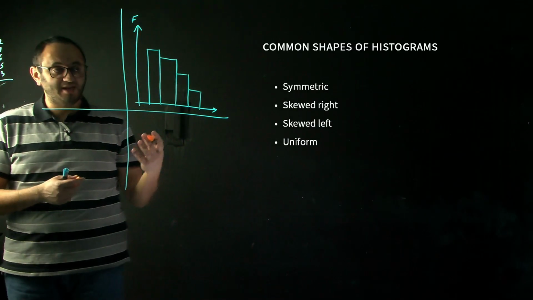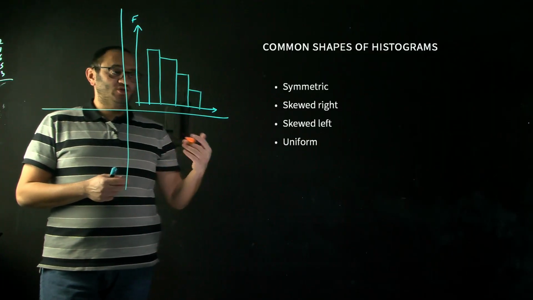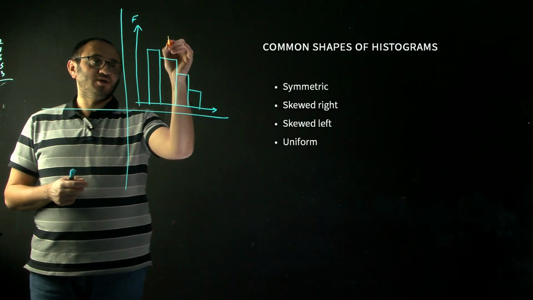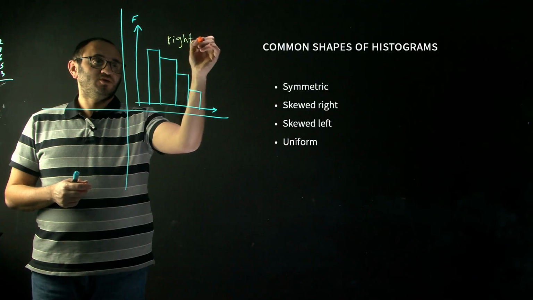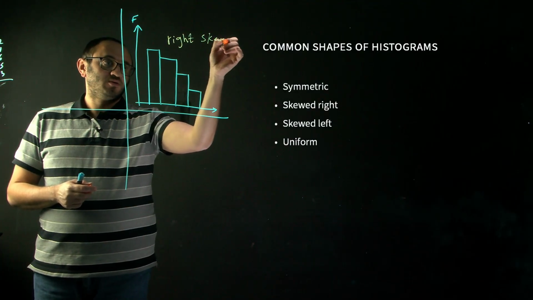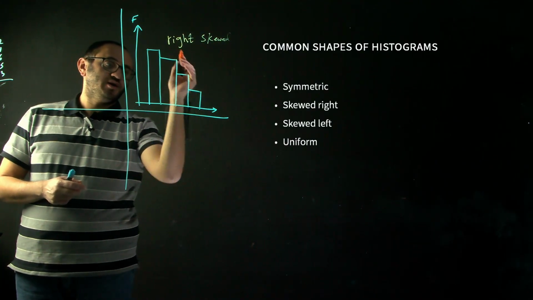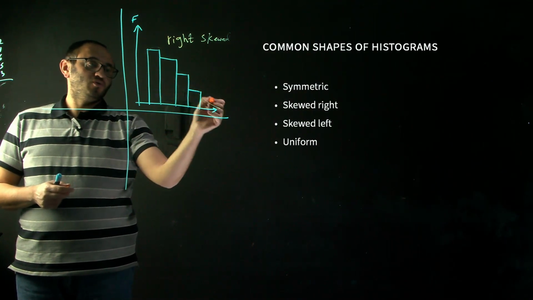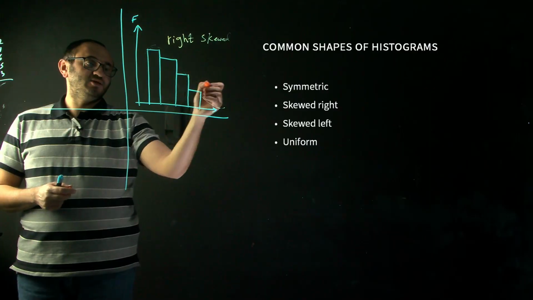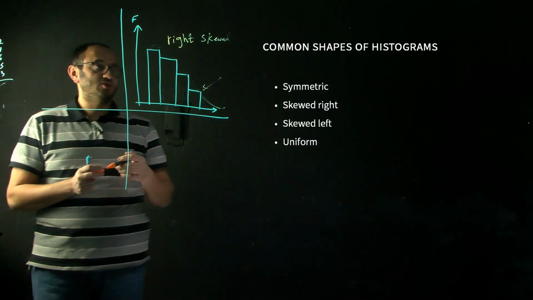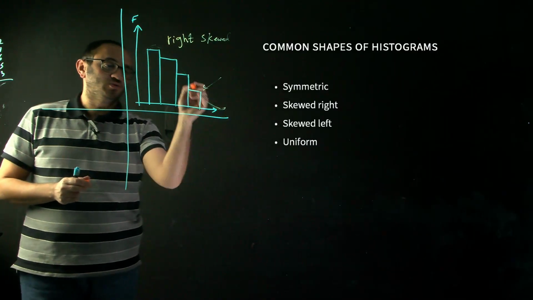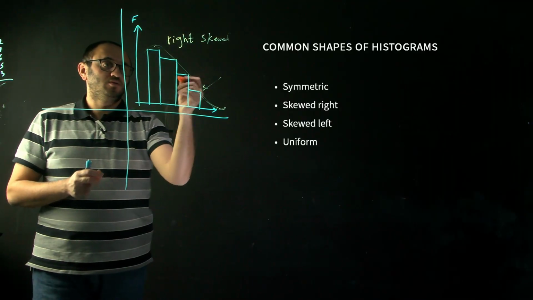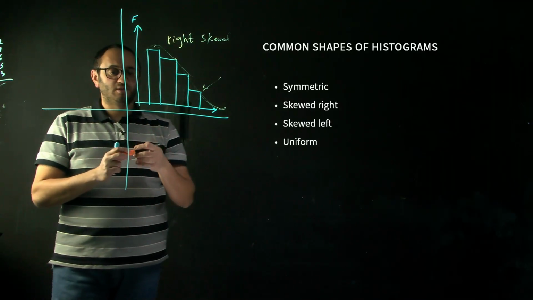So we say right skewed or skewed right. Because if you want to add a curve, the long tail is on the right-hand side. So this is called a right-skewed histogram. All right.